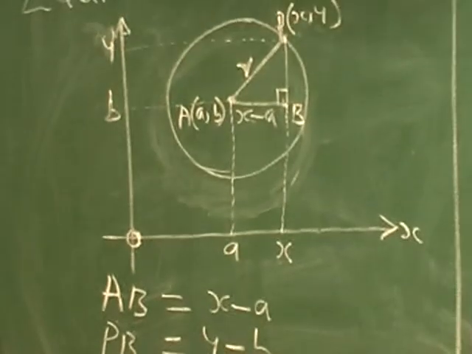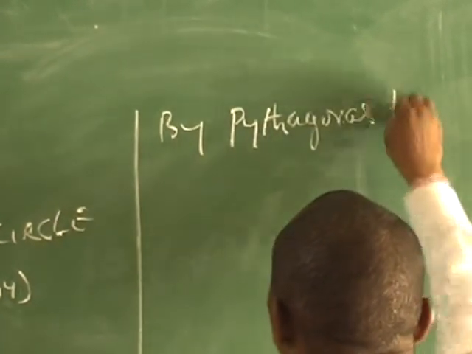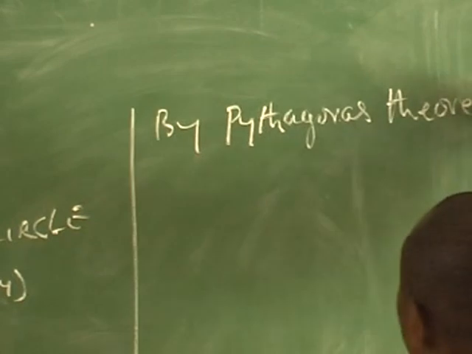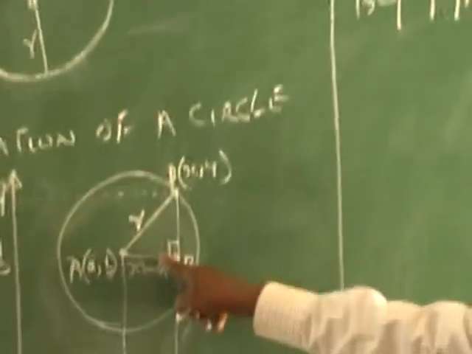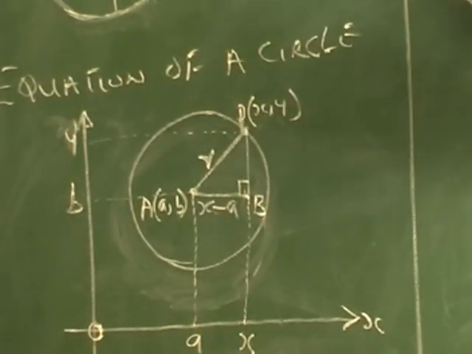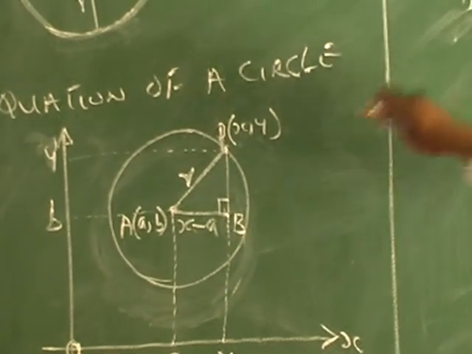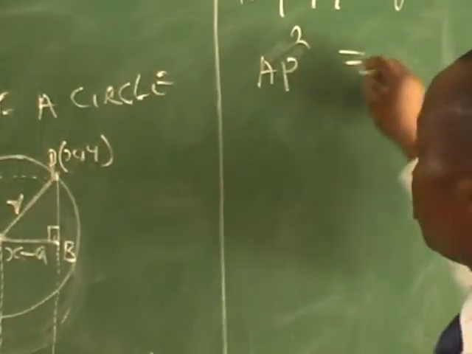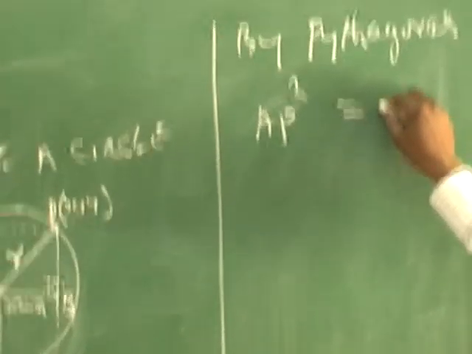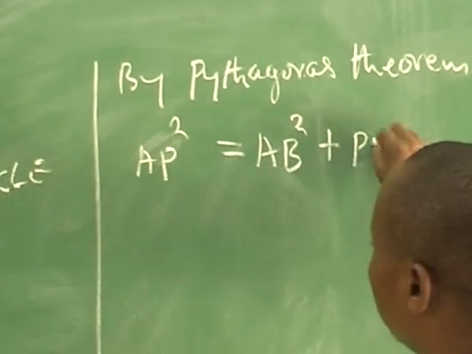But we know that by Pythagorean theorem, in this right angle triangle, r square is equal to, or let's say AP square, which is the distance of this to this, AP square is equal to AB square plus PB square.